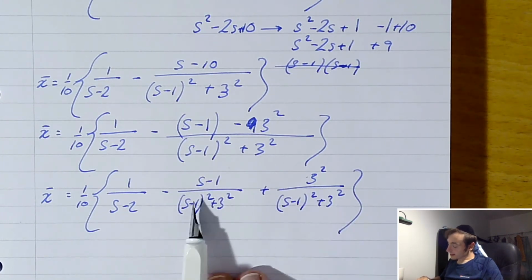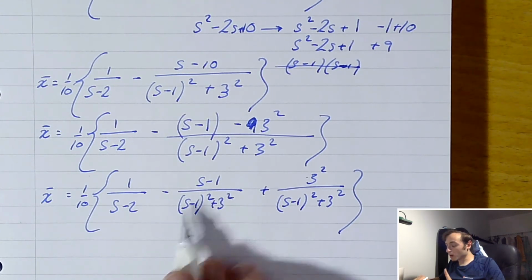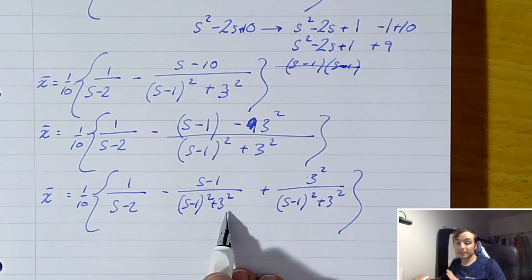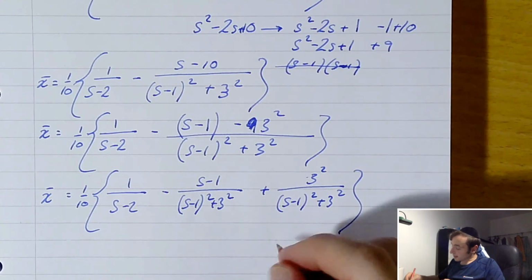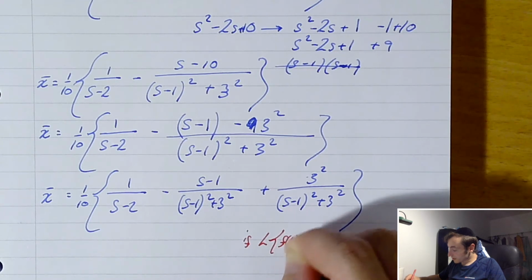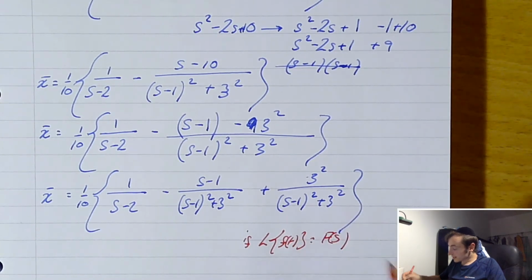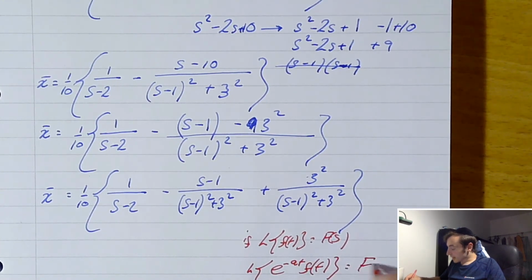They are. Now, this looks very, very similar to a cosine function, doesn't it? Imagine that the minus 1 wasn't there. It would just be s on s squared plus 3 squared. But do you remember what we had in the first shift theorem? The first shift theorem stated that if the Laplace transform of f of t equals F of s, then the Laplace transform of e to the minus at, f of t, is going to be equal to F of s plus a.